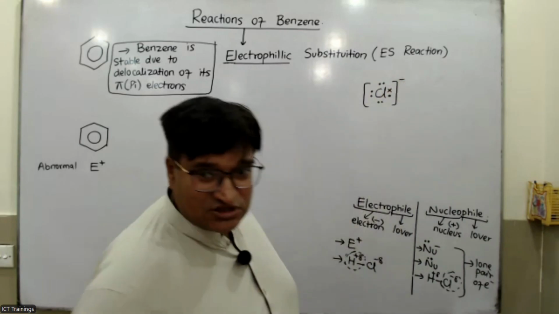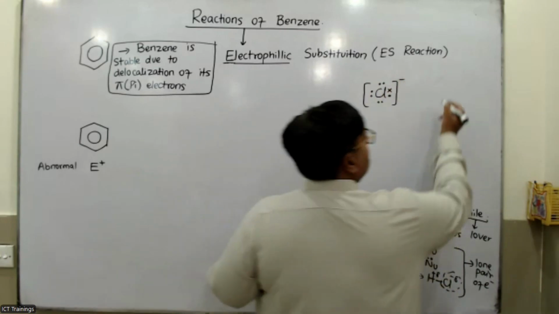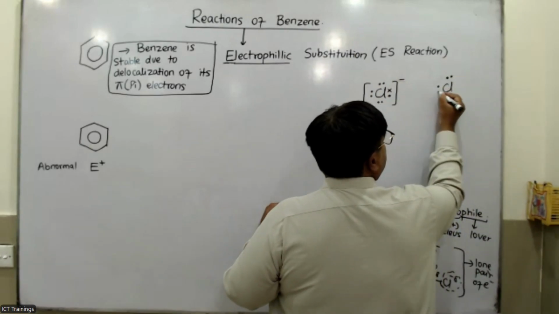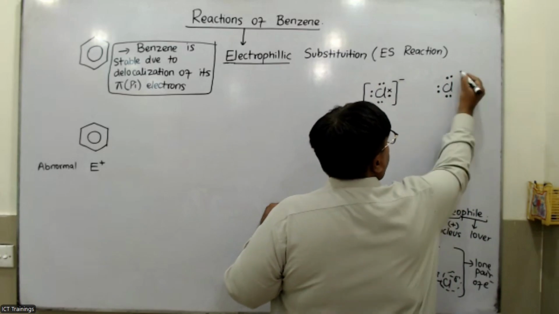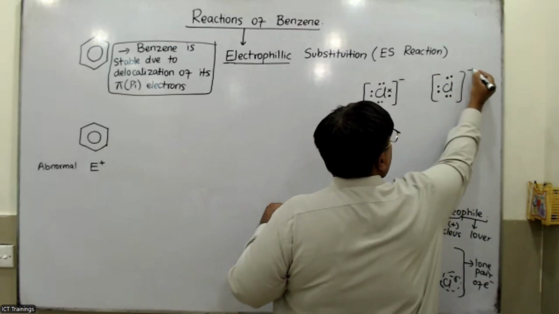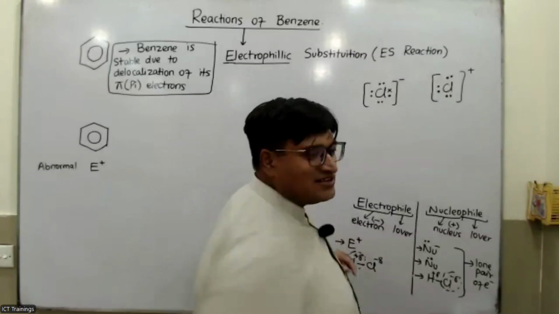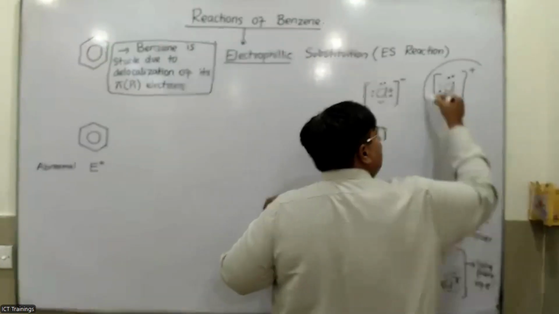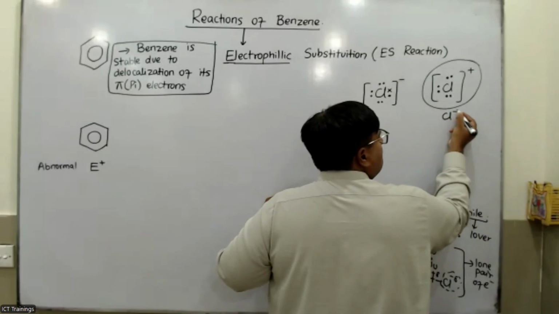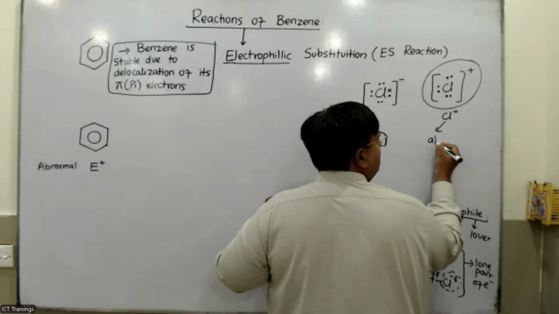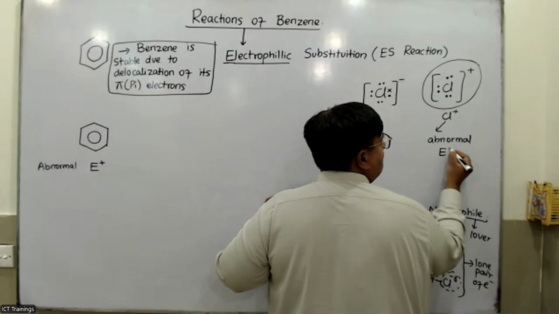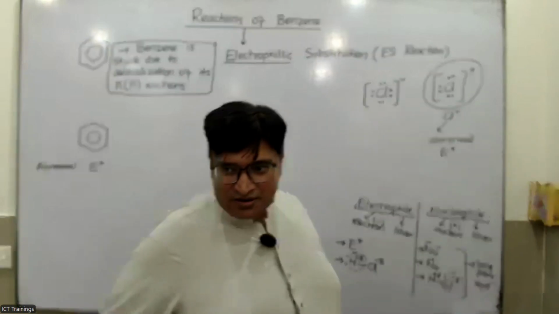But if, due to some reason, chlorine gets a positive charge, that means its own electron has been taken by something else. This Cl positive is the abnormal electrophile.